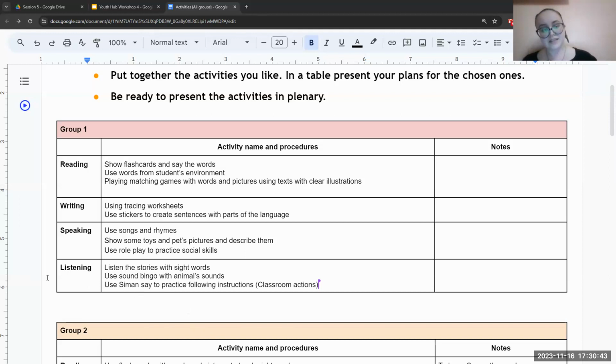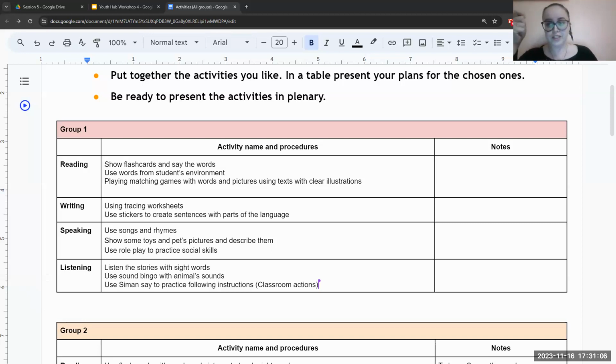Speaking activities, use songs and rhymes. Children like this, and we can learn some songs. For example, it's a very funny activity for children, and we move some actions when we sing. Show some toys and pets pictures and describe them.